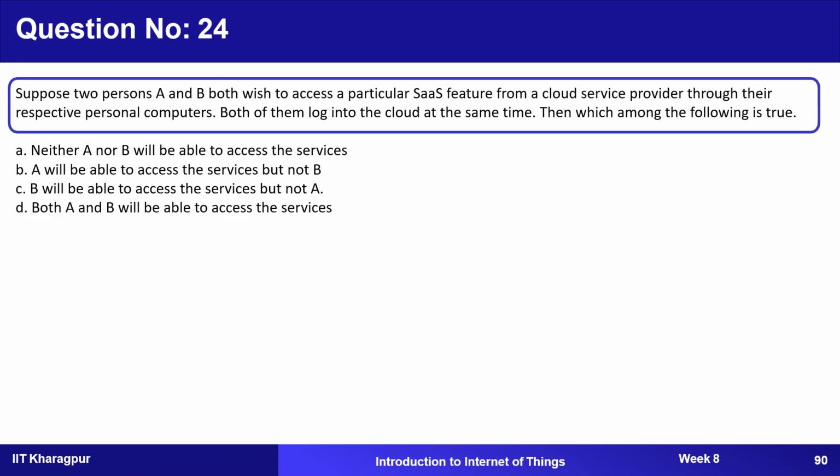Yeah. So the correct option is D, that both A and B will be able to access the services.